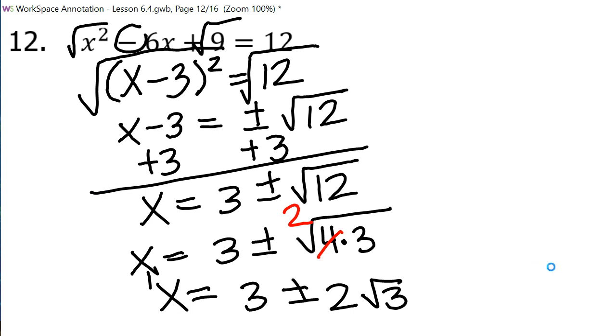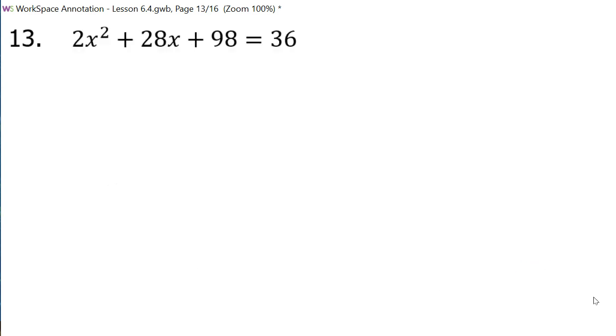Next one. Number 13. How's number 13 different? X squared is bigger. Yeah, it's bigger than a 1x squared. If it's bigger than a 1x squared, divide out the GCF. So the GCF is just that coefficient out front. So divide everything by 2. So we're going to reduce the equation.